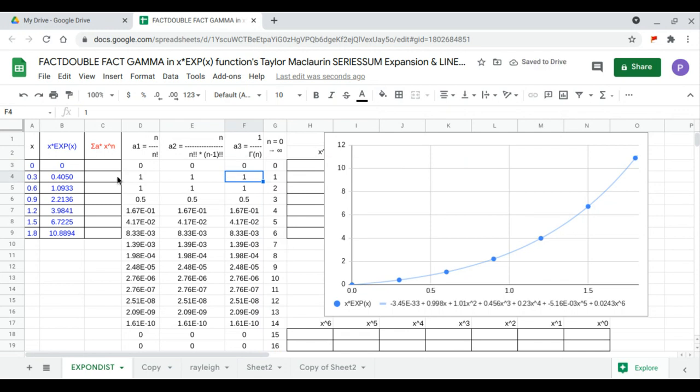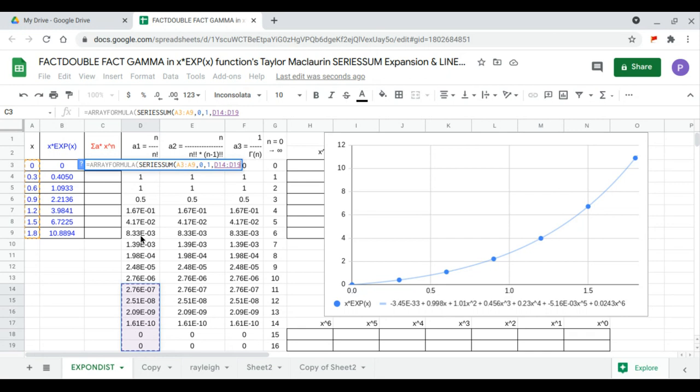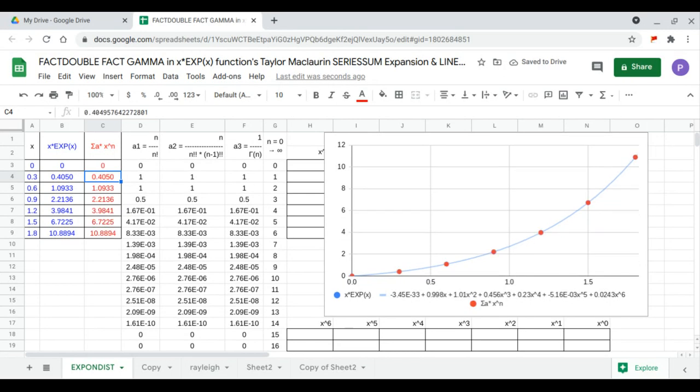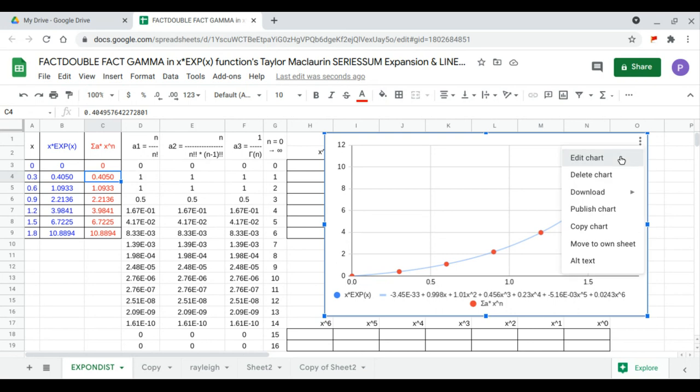Now they're all corrected. Now we continue with the expansion, which is array formula series sum of the x values raised to the power n, where n starts from 0, incremented by 1. And the coefficient, there are 3 to choose from. We'll start with the factorial. And we show the trend line. We'll modify this. Edit chart.